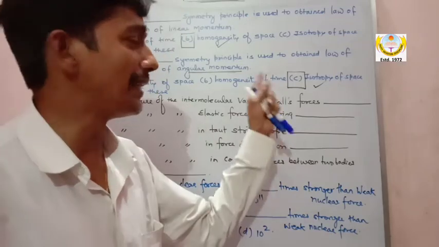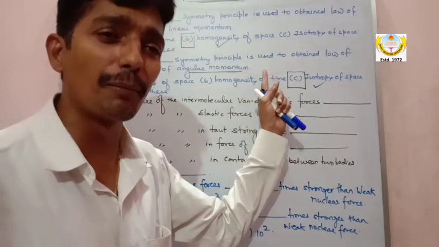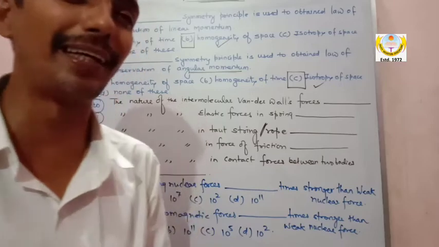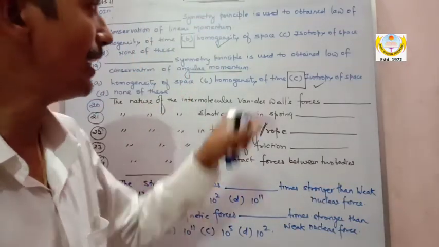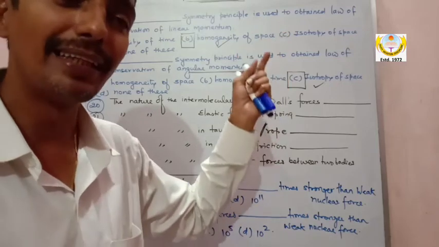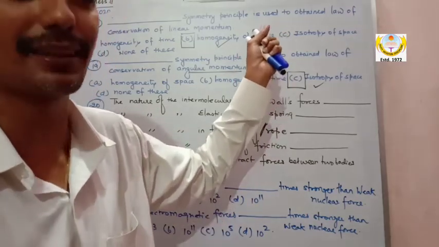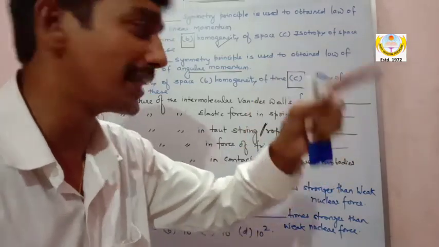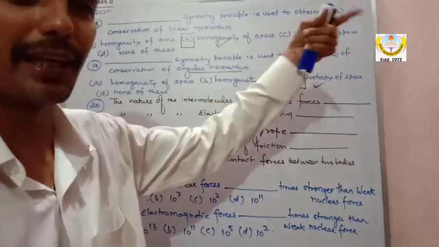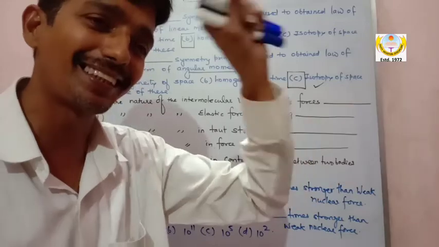And similarly, my dear, the law of conservation of angular momentum, so simple, sir. There is no preferred direction. So remember, if I say no preferred location, that is homogeneity of space. Everywhere it is the same, child. The law of linear momentum will take place at any place.